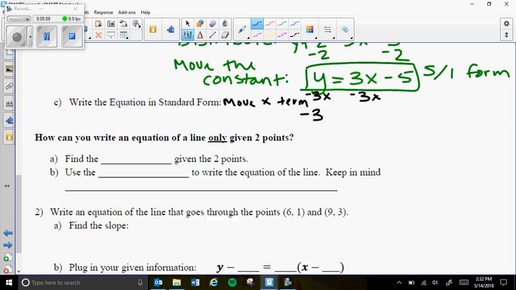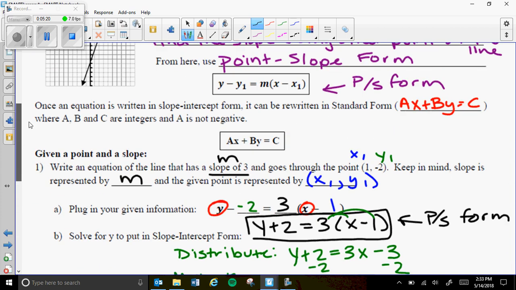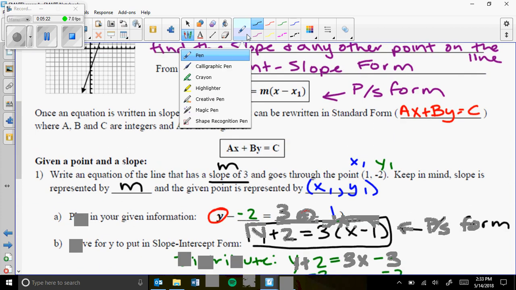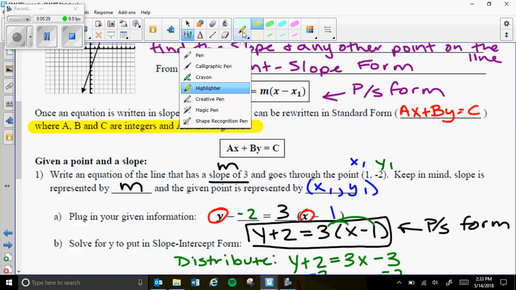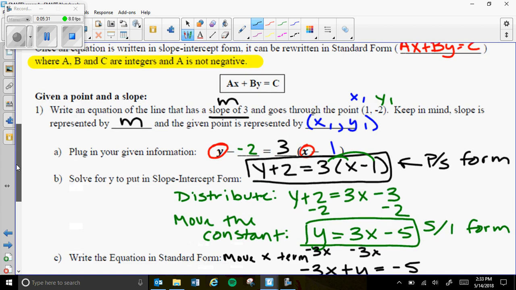So I have negative 3x, that y is positive, so plus y equals negative 5. If you think back to what we talked about, though, about standard form, there's two important things we need to remember. A, B, and C are integers, and A cannot be negative.